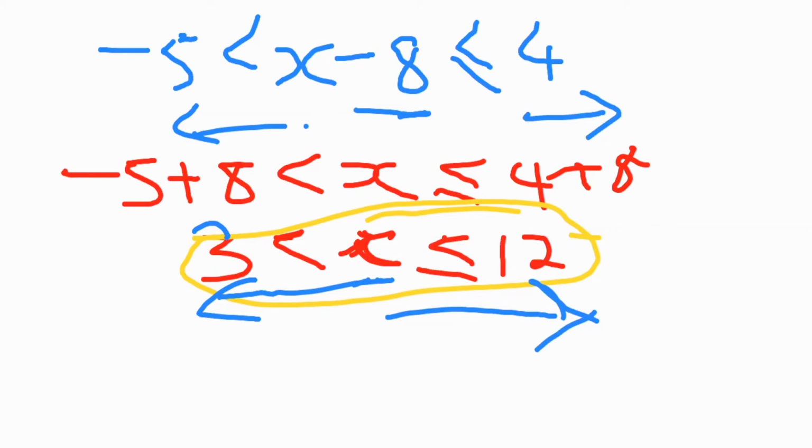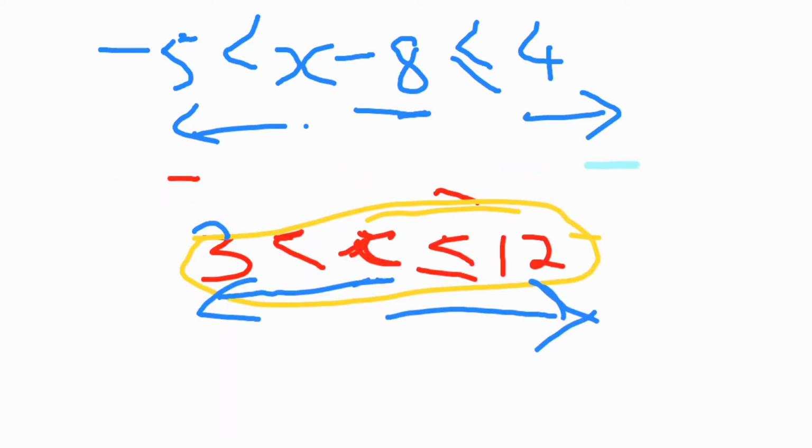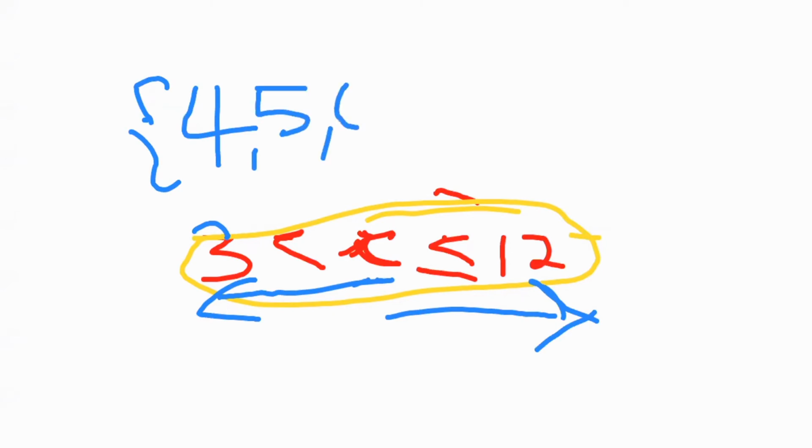What would have been the member of that set? Anybody? You want to know what would be inside the set? Right. 4, 5, 6, 7, 8, 9, 10. 4, 5, 6, 7.